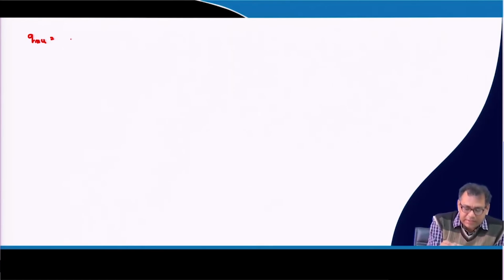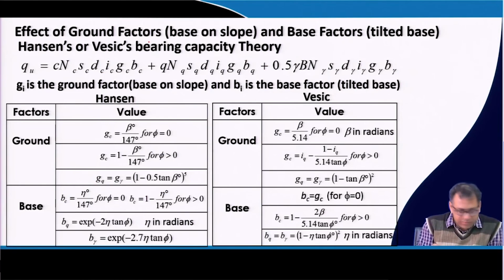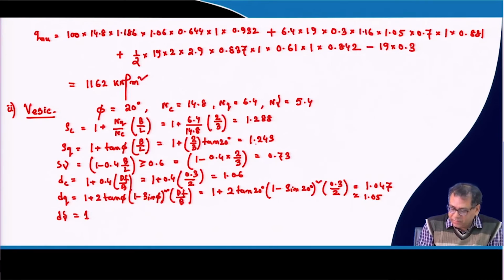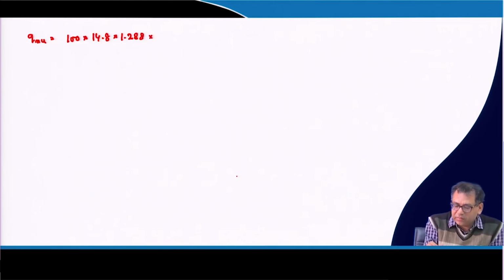Okay. So now if I put these values, I will get Q net ultimate. In a similar way, all the factors and the values: that is 100 into 14.8 into 1.288, into your SQ is 1.28, AC is 1.288, DC is 1.06, so this is 1.06 into 0.748 into 1 into 1.